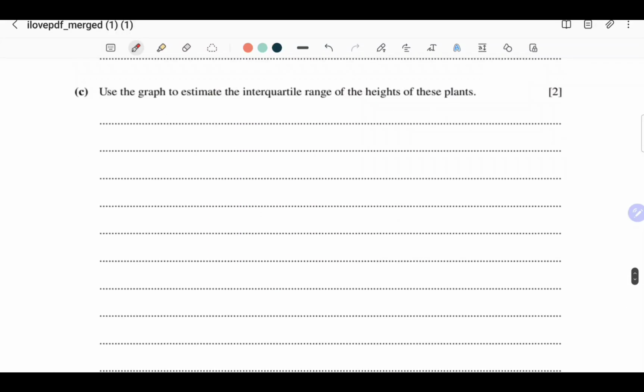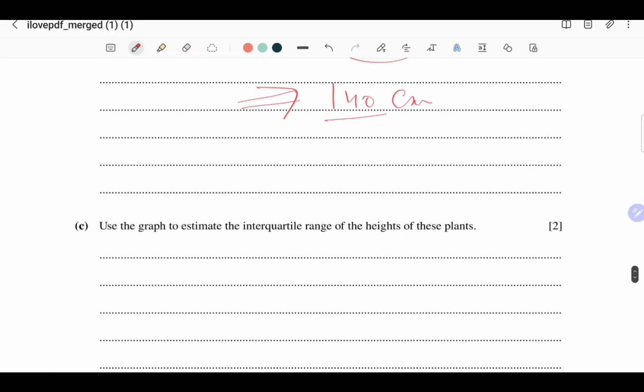Okay, next is: use the graph to estimate the interquartile range of the height of these plants. Again, guys, it's a very simple question. We need to find the lower quartile, n over 4th value.